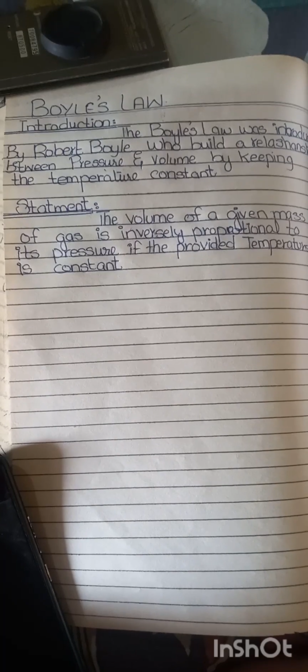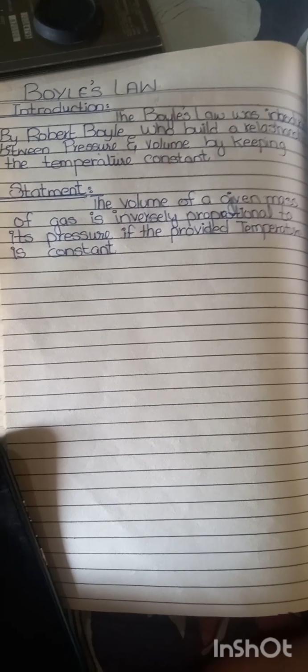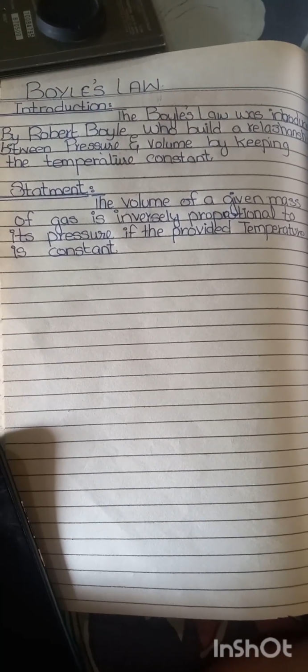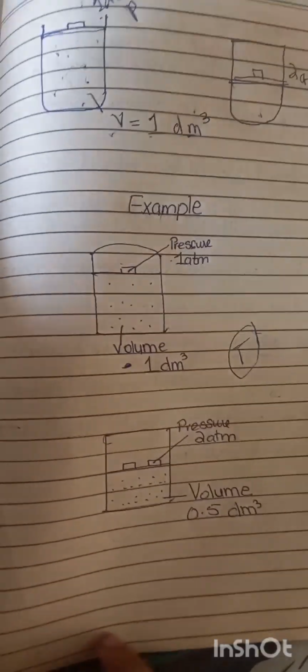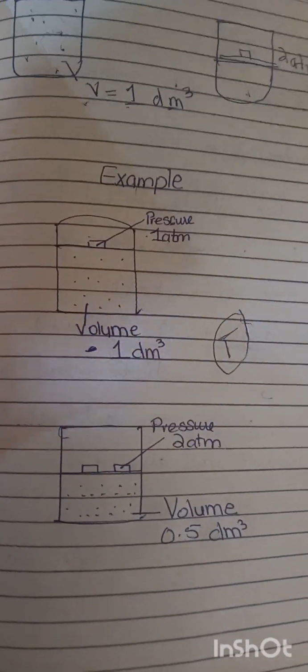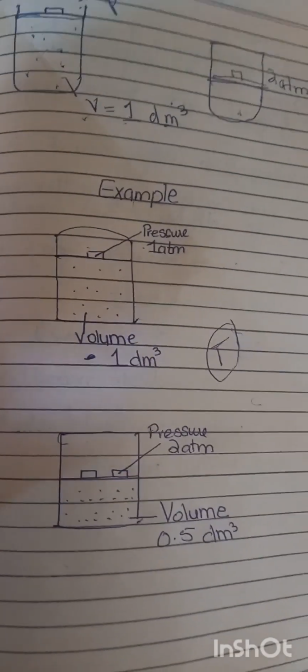The volume of a given mass of gas is inversely proportional to its pressure if the temperature is constant. As we know, when we increased the pressure, the volume decreased. So the pressure and volume have an inverse relationship when the temperature is constant.